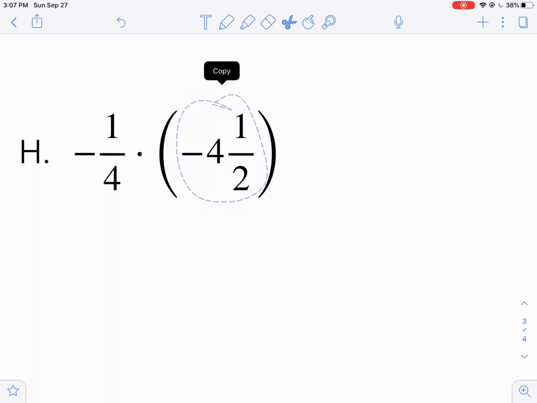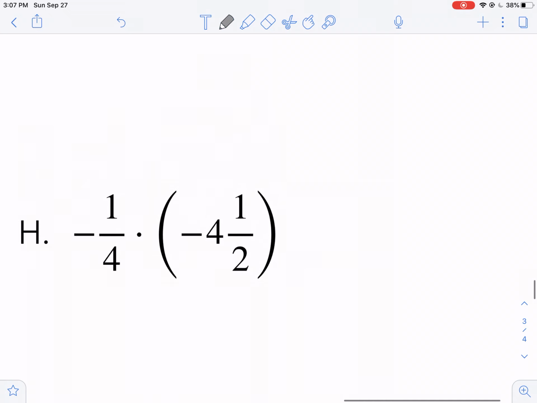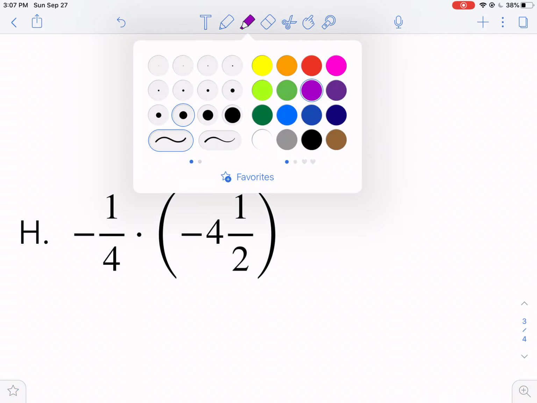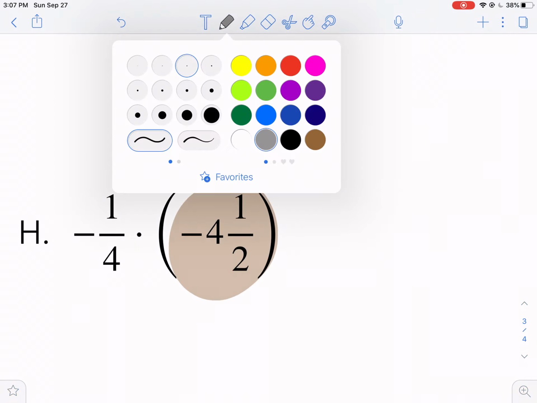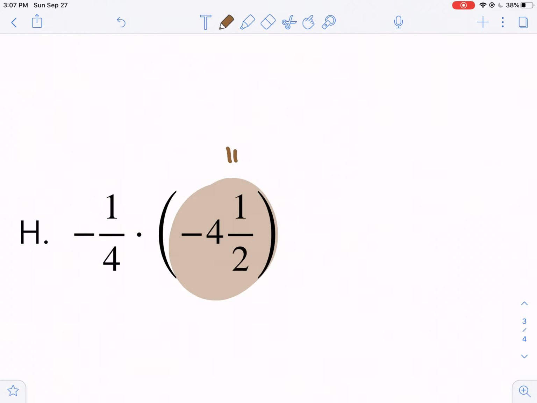So how we do that is we say, okay, this is the same thing as negative 4 plus 1/2. And we can't just add that 4 right away.